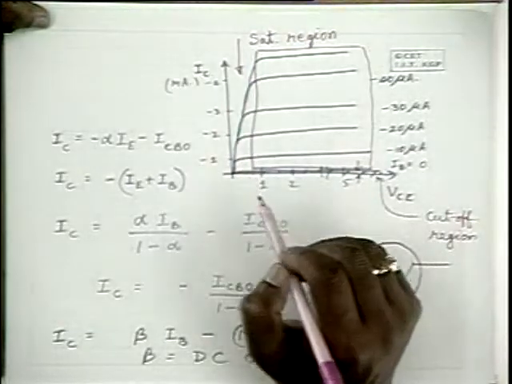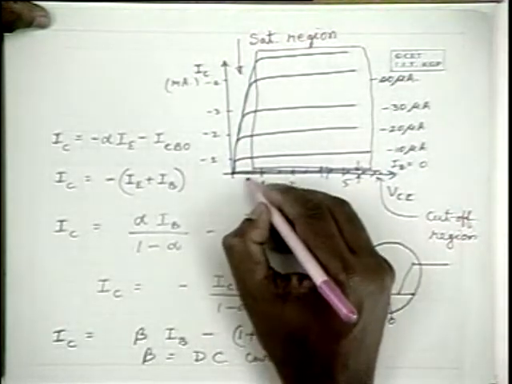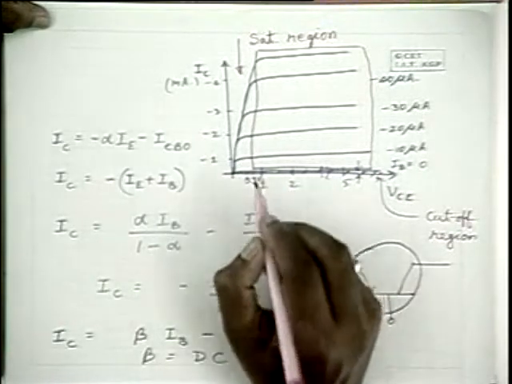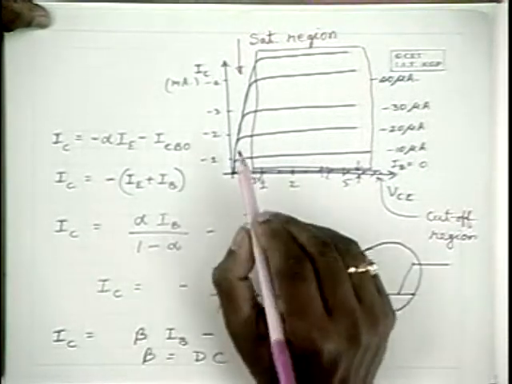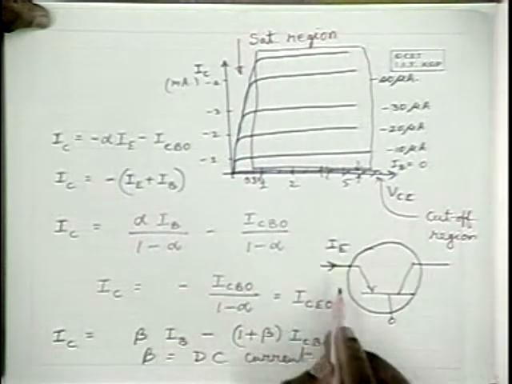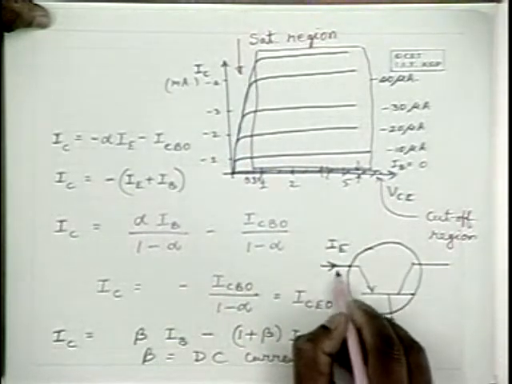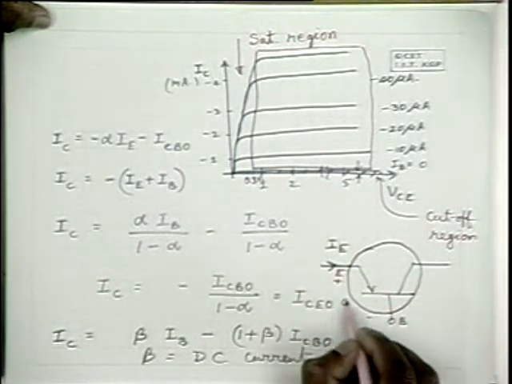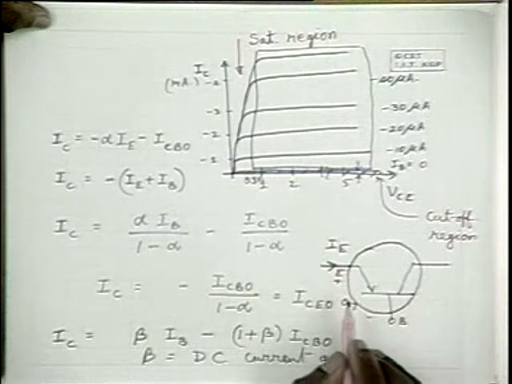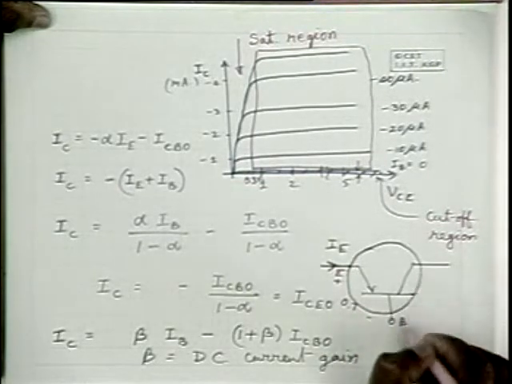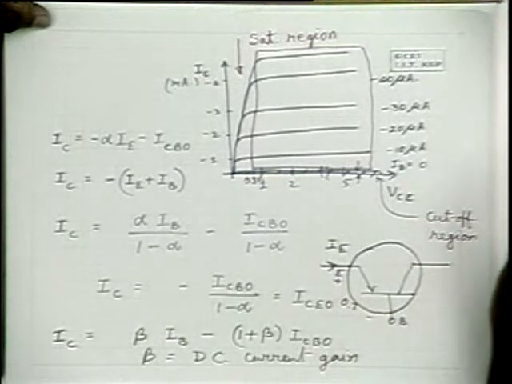In the saturation region, the saturation voltage is of the order of 0.3 volts. In the saturation region, the emitter to base junction is definitely forward biased, with about 0.6 to 0.7 volts being the drop here, and the base to collector junction is also forward biased.